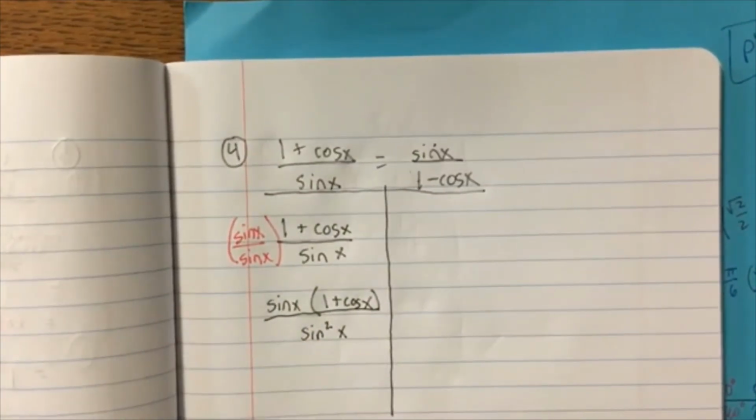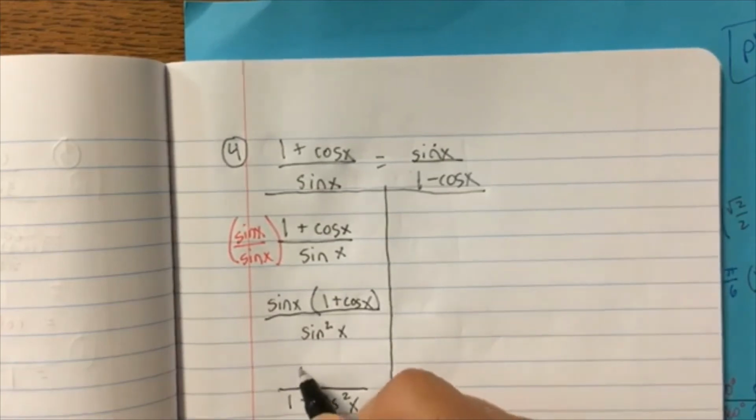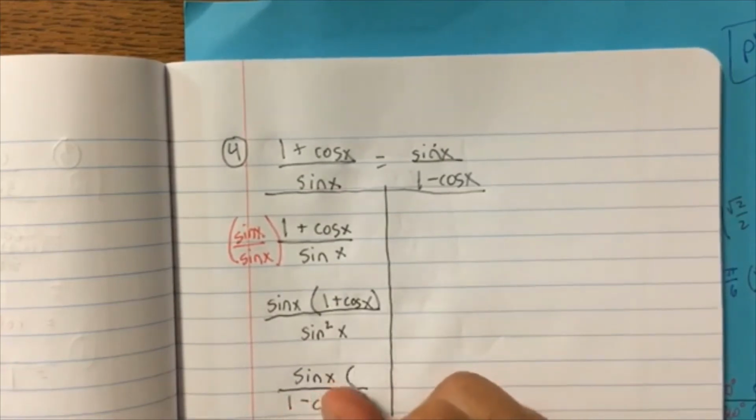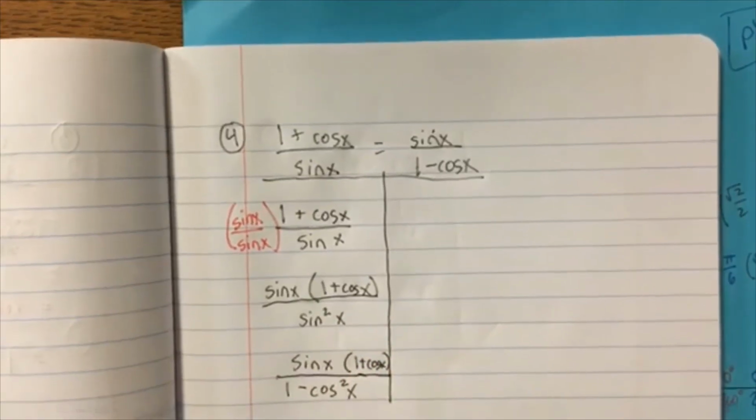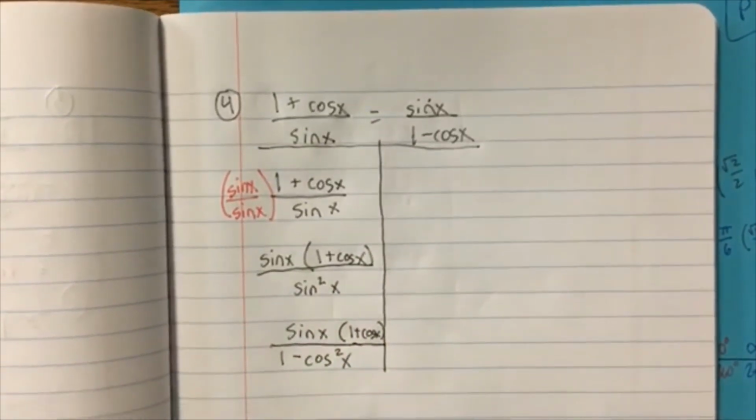So if I have sine squared x, I can rewrite that as 1 minus cosine squared. And so I am getting a little bit closer to what I want. I'm rushing through this, but there's only one more step to go, which again isn't super obvious. I can factor this as a difference of two squares and then cancel. That's basically the last step.